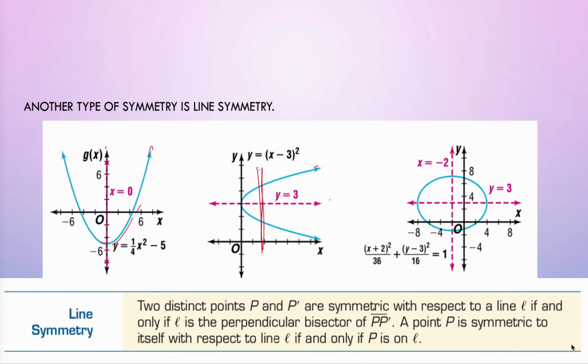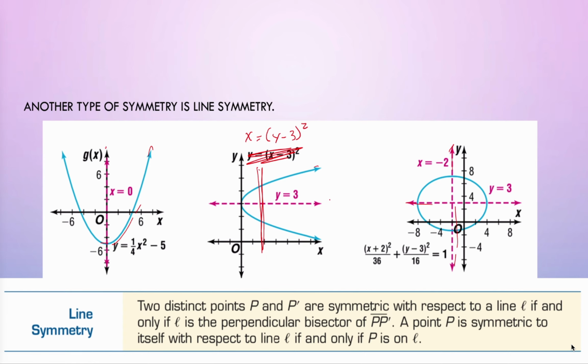It's a relation that is symmetric with respect to this line, y equals 3. And I really should fix that because this equation's wrong. It should be x equals y minus 3 squared. And here we've got an ellipse, which is symmetric with respect to this line y equals 3 and this line x equals negative 2.